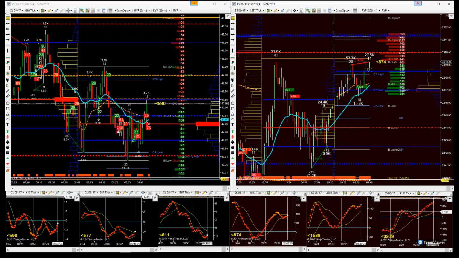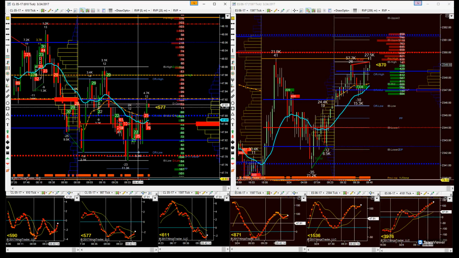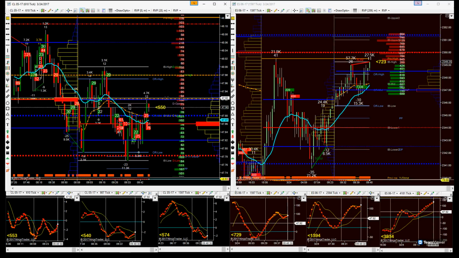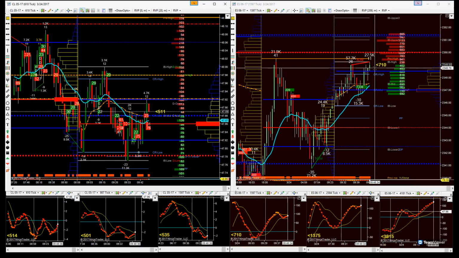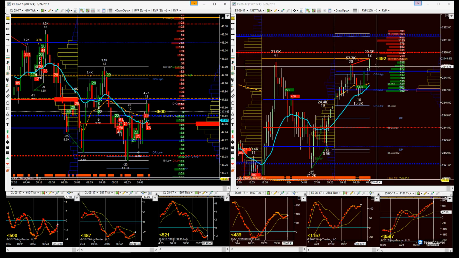Okay, both spiked there right at the same time. So we actually should be paying attention to both of these right now. Okay, S&P still testing up there. Oil spiked up. It didn't really set us up for any type of entry there.